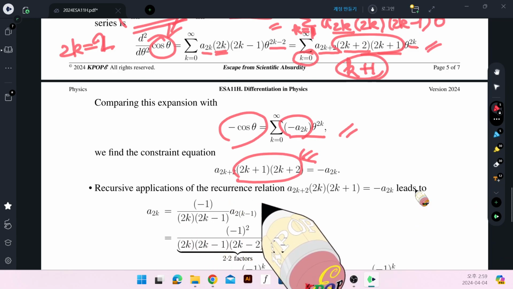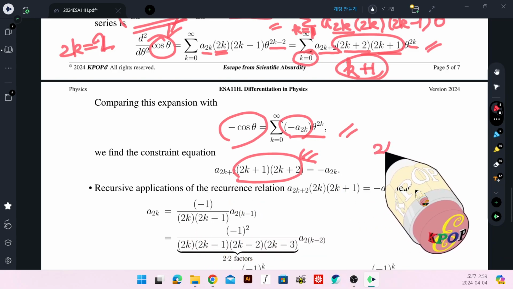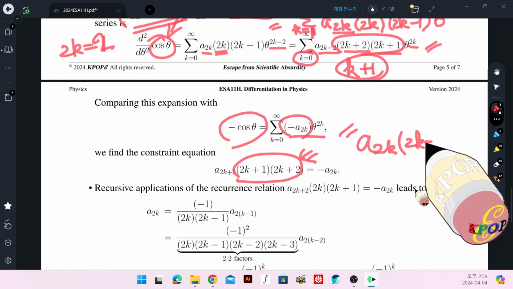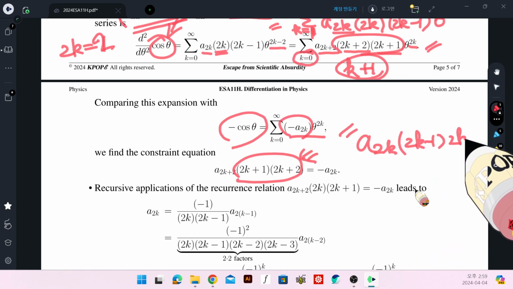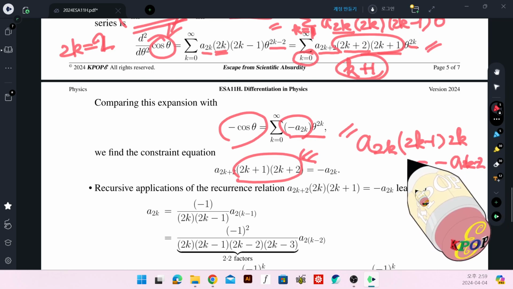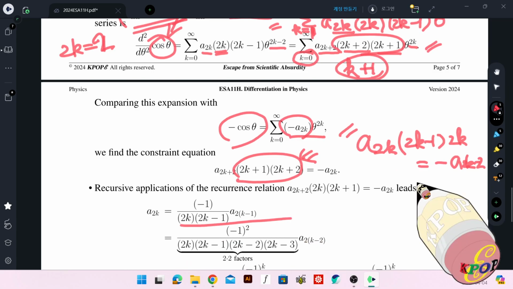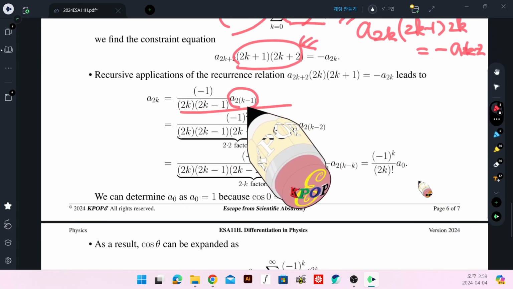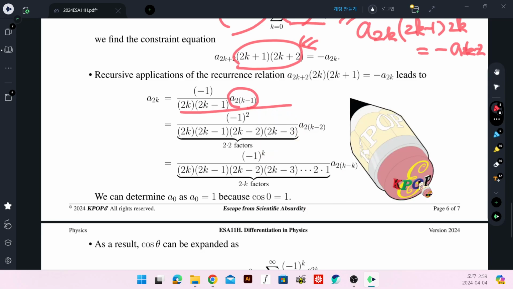Before doing that, we have 2k times 2k minus 1 times a 2k equals minus a 2k minus 2. As a result, this one can be expressed like that. And we can replace this one using the same relation recursively.